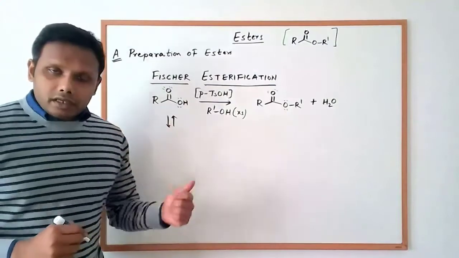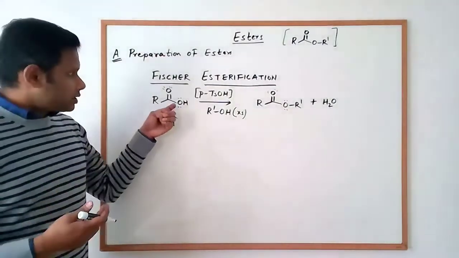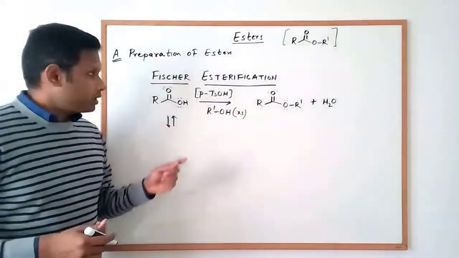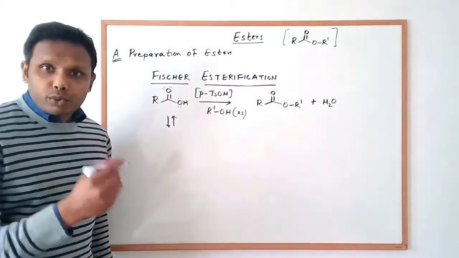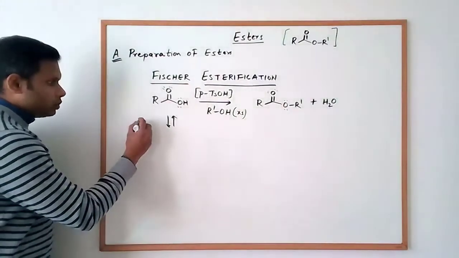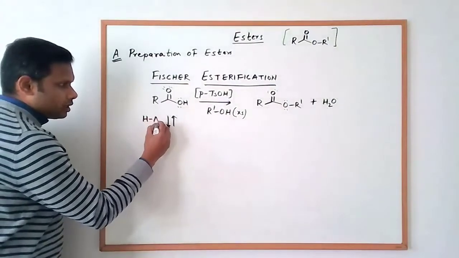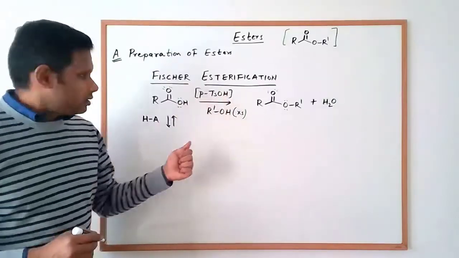Now, like any other carboxylic acid derivative, the carboxylic acid molecule is basic and nucleophilic at the acyl oxygen. So that's what gets protonated. For the purposes of the mechanism, I'm just going to use HA to represent an acid, okay?